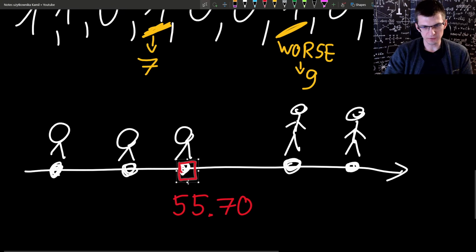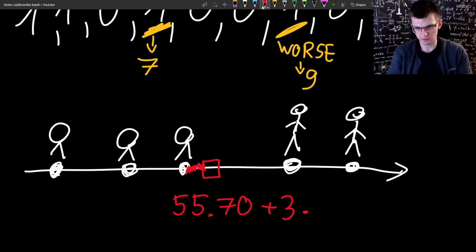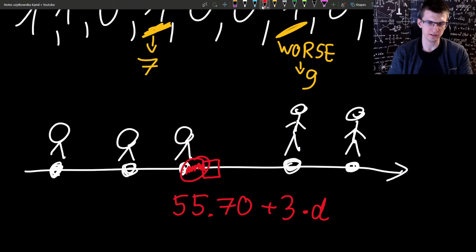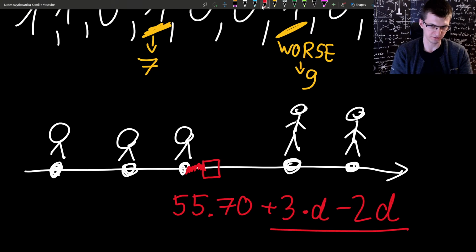Now, if I shift this to the right a little, and this is d, the distance by which I shifted is d, then each of those 3 guys, they need to travel extra by d, so the answer is increased by 3 times d, and they save d distance, so minus twice d, but still I wasted something.